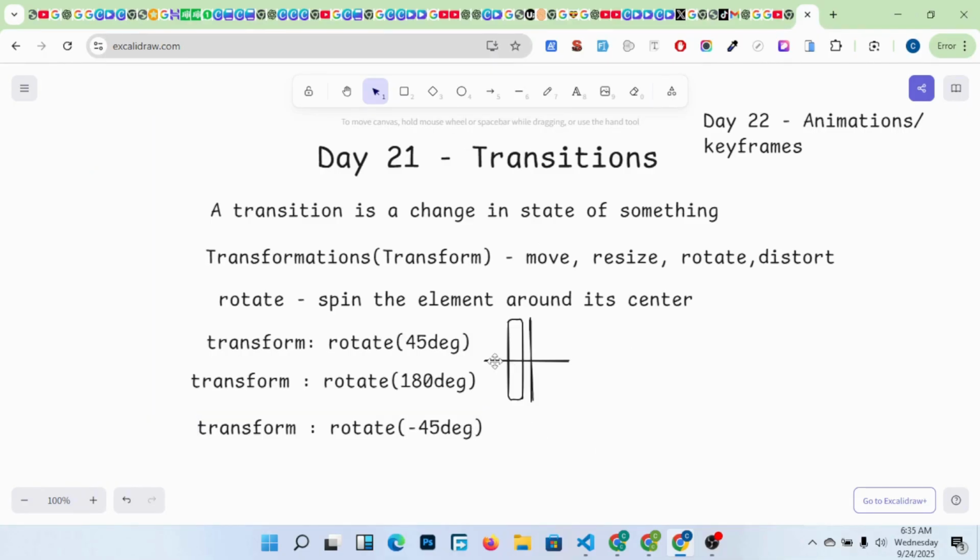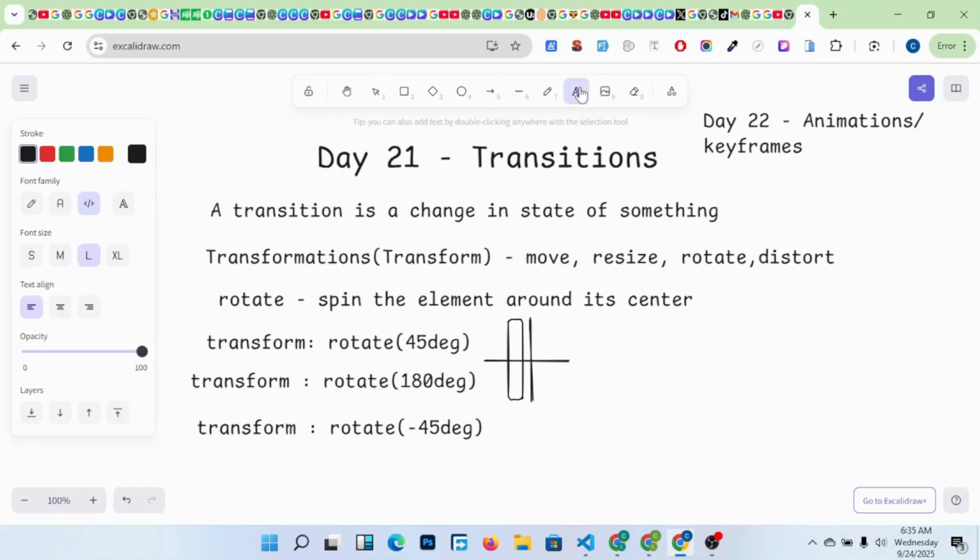So if this is where my x-axis is, the x and y-axis are there. And you know very well that by default, from this side to this side here is 180 degrees.